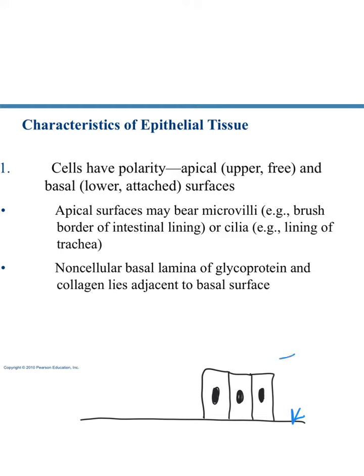The other surface is going to be completely free. If you happen to have cilia or anything, this is where this would be. This is called the apical surface. So with skin, the apical surface would be what you touch. In your mouth, the apical surface would be what touches the food or the liquids that are in your mouth.